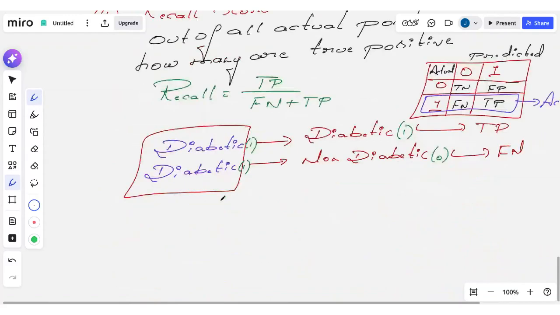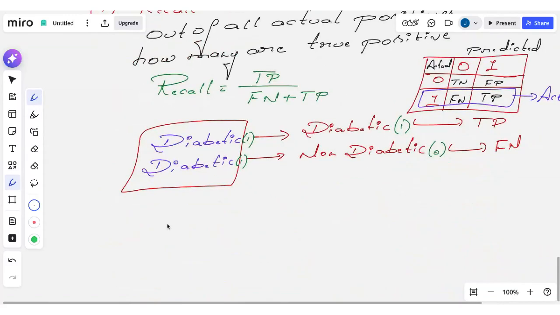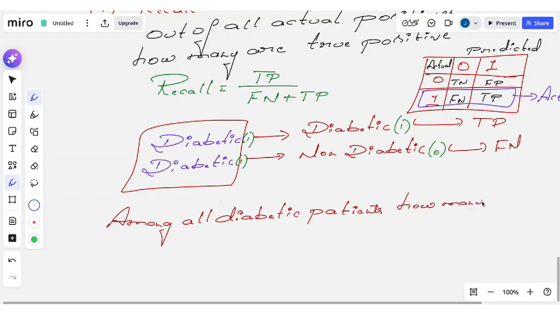Coming to recall, among all diabetic patients, that means actuals, how many were predicted as diabetic?